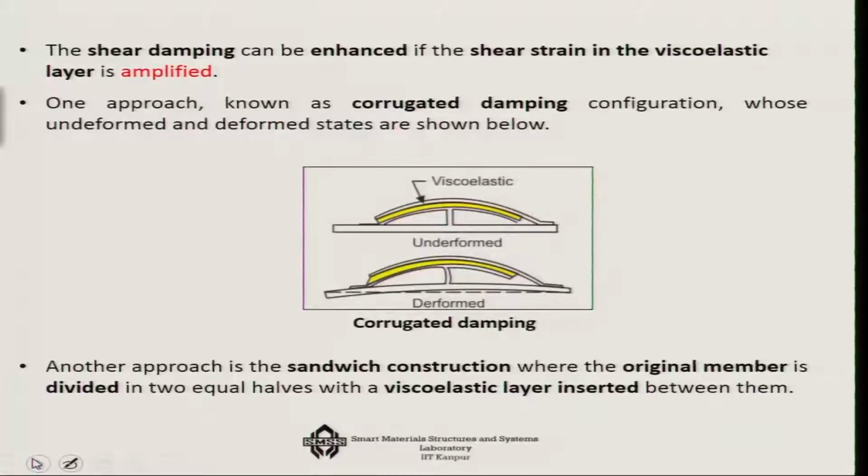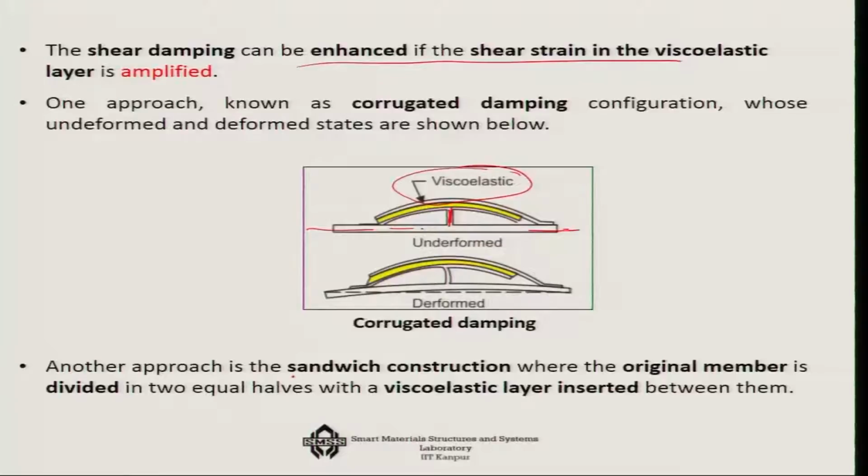Now, because the shear damping is much higher than the flexural damping, you can try to enhance the shear strain by artificially constructing a system in which you keep the entire viscoelastic layer and the constraining layer away from the neutral axis of the system by developing a kind of extension corrugated configuration.